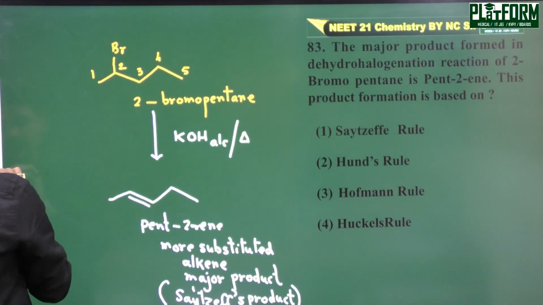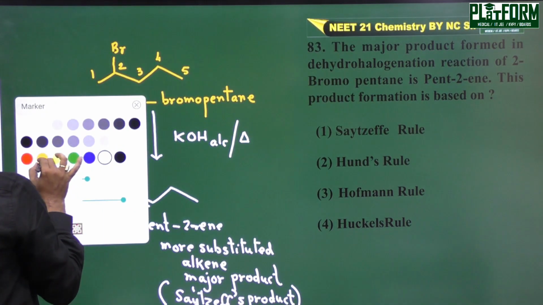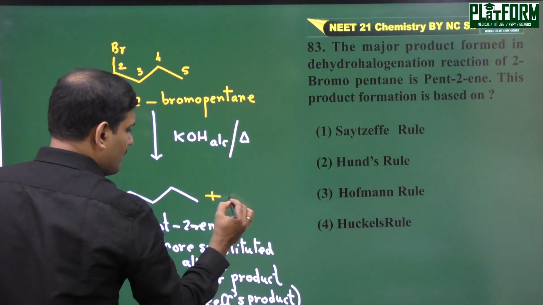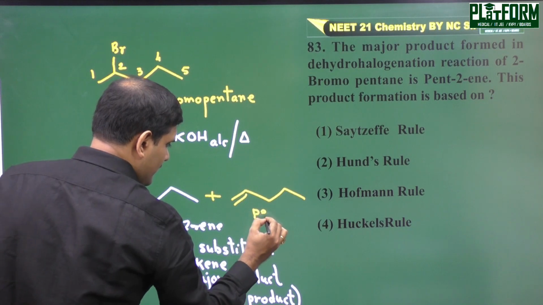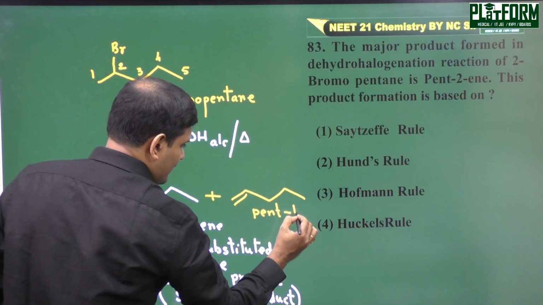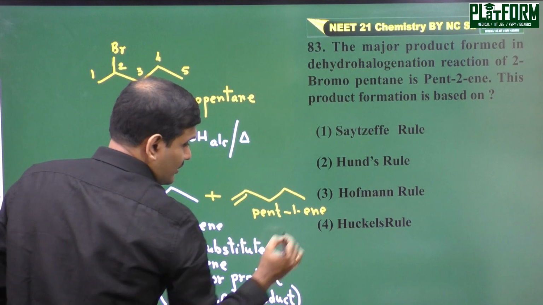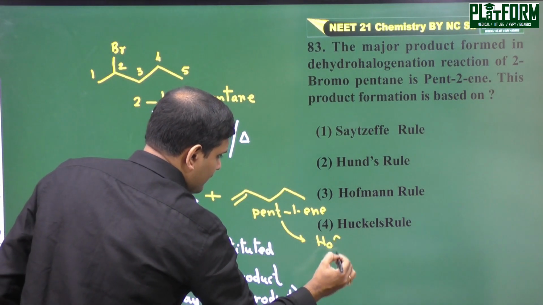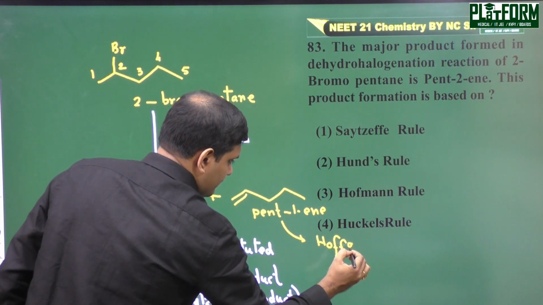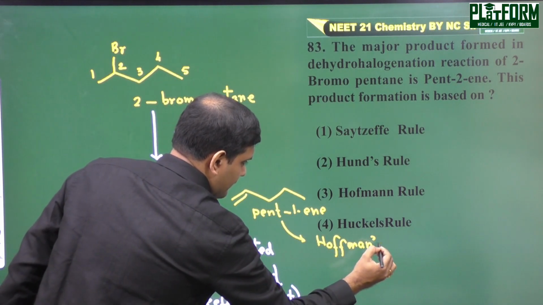You can also get a trace amount of pent-1-ene, definitely a trace or minor amount. This is called the Hofmann product.